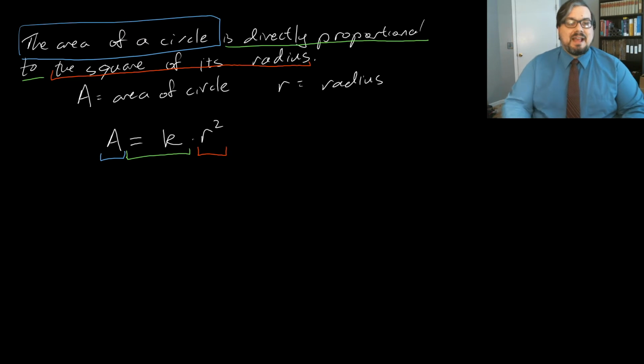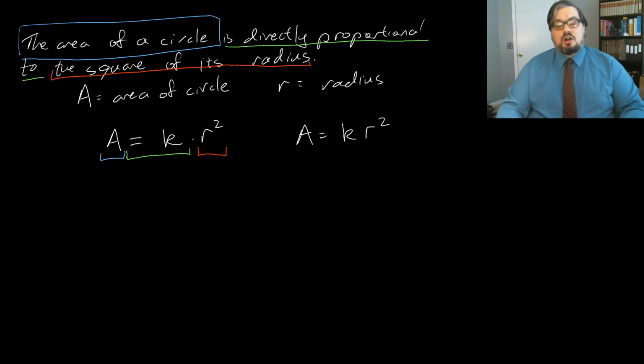So we have that the area of the circle is equal to some constant times R squared. Now, in fact, this is something we're familiar with, and we know that the constant of proportionality in this case is actually pi. We know that the area of a circle is equal to pi times R squared, and so that tells us that pi is actually the constant of proportionality in this equation.